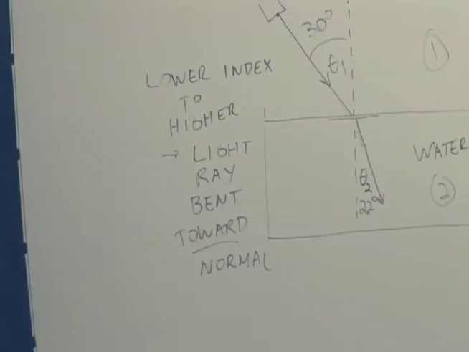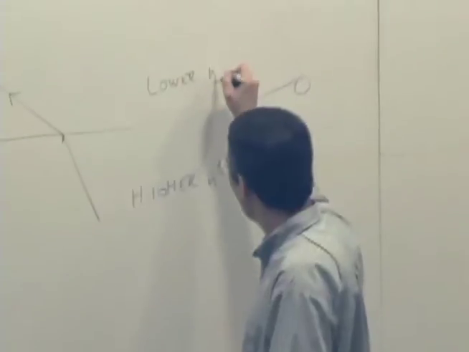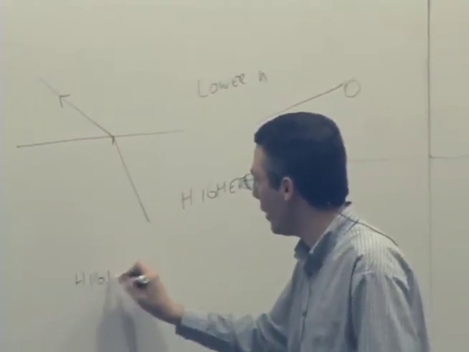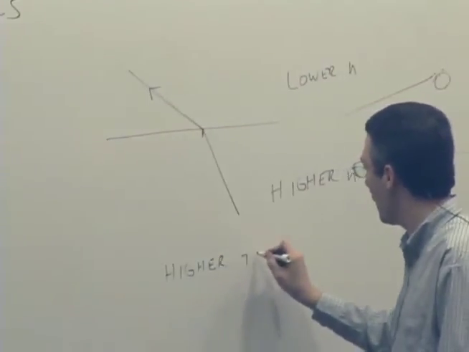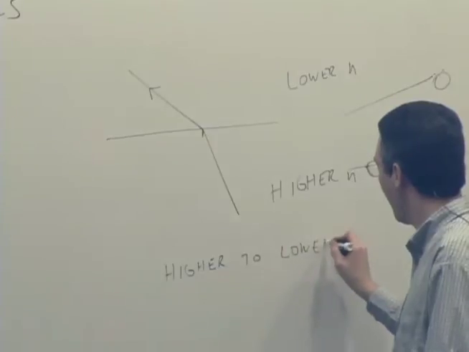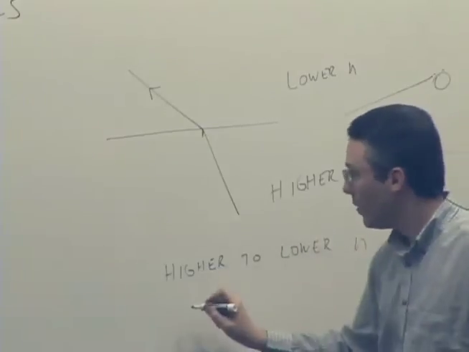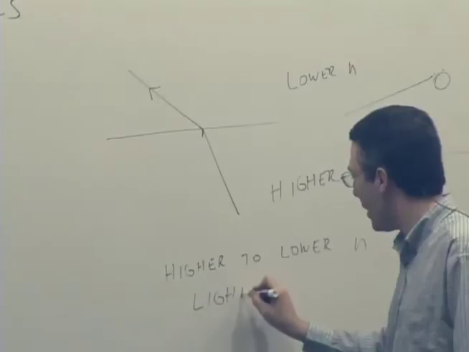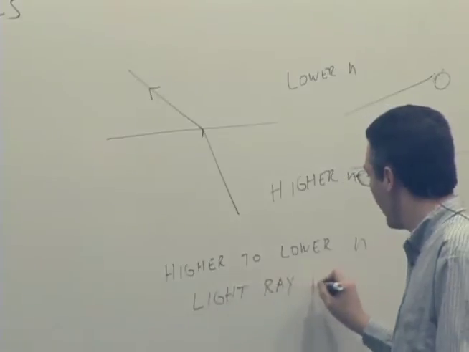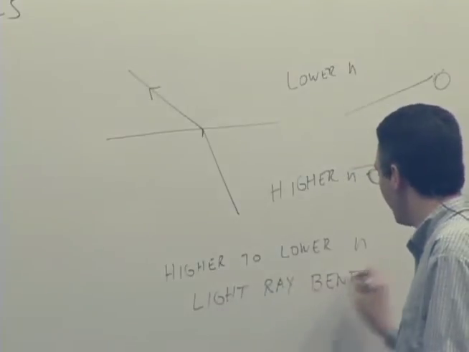In the other case, we had a light ray going from a higher, and again, this is an exaggerated picture, but we have a higher N and a lower N here. If you go from a higher to a lower N, you have light ray bent away from the normal.